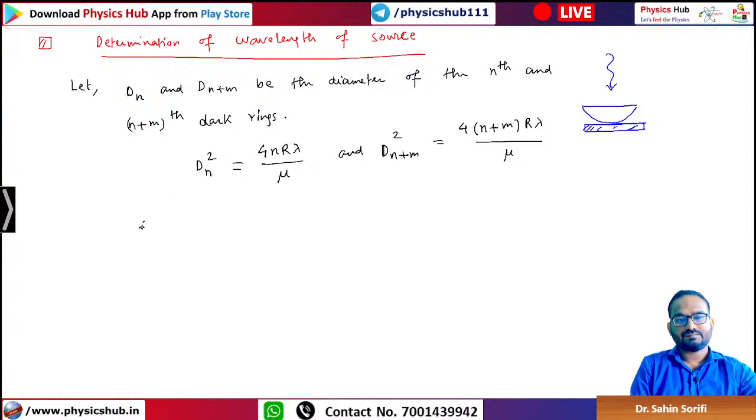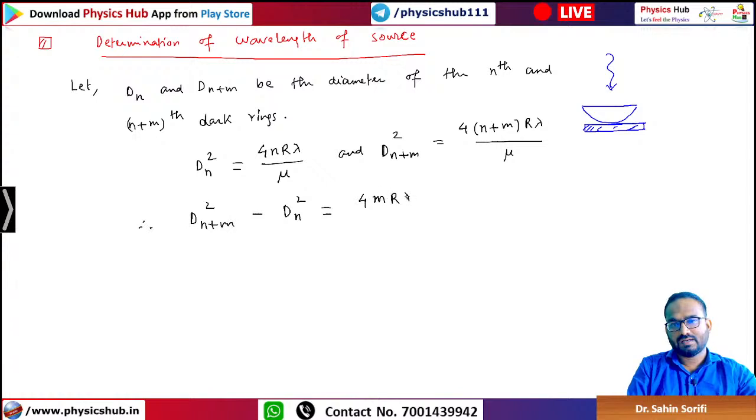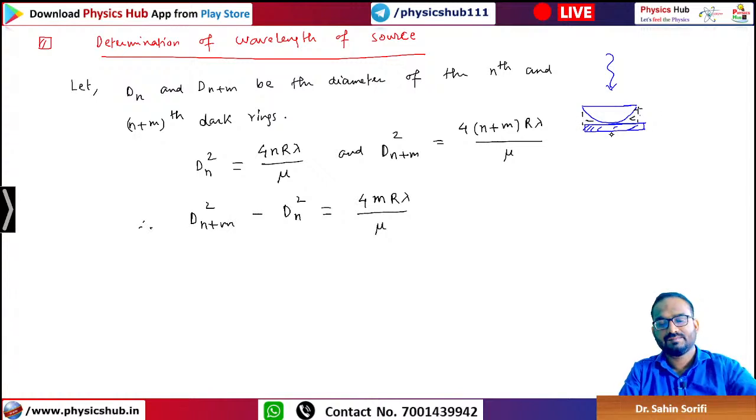Now if you take the difference, Dn plus m whole square minus Dn square, it will be 4 m r lambda upon mu. We know the value of mu, which if you use an air film, will be equal to 1. We don't need to worry.